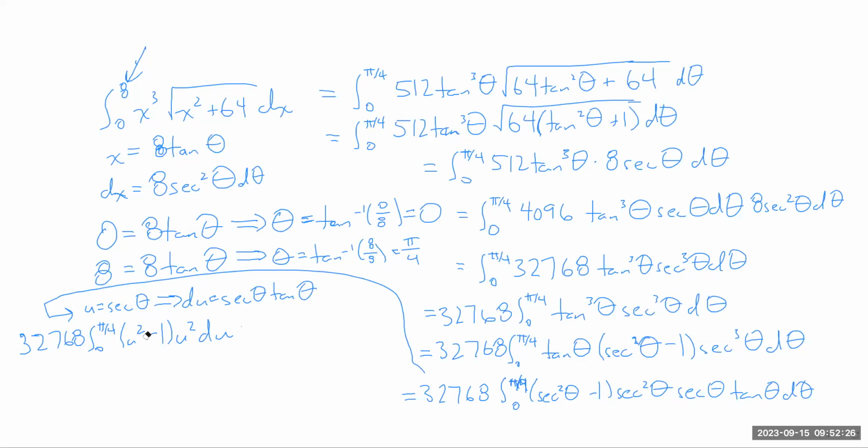Would you be offended if I did this? Keep asking if you'd be offended, like I'm really worried that I'm really out of line. So u to the 4th minus u squared, right? That equals this. I'll make sure I say this is equal to. No, my bounds were not u bounds, were they? They're theta bounds.